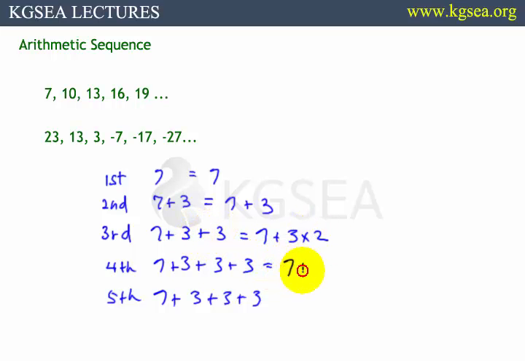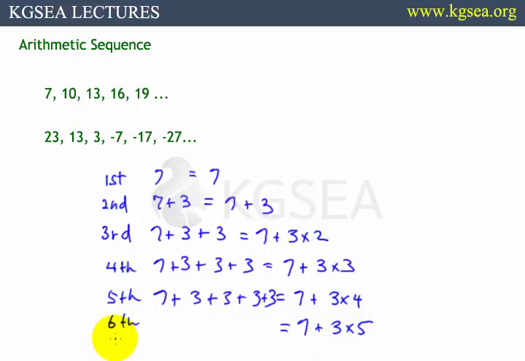Could I write 7 plus 3 times 3, because there are 3 of them? I missed it. It's plus 4. It's 3. So it's times 4, right? So should I go on? Sixth term? I think you will see it. 7 plus 3 times 5.